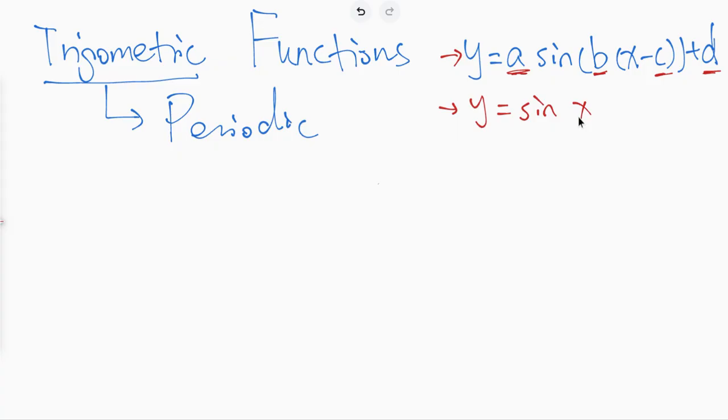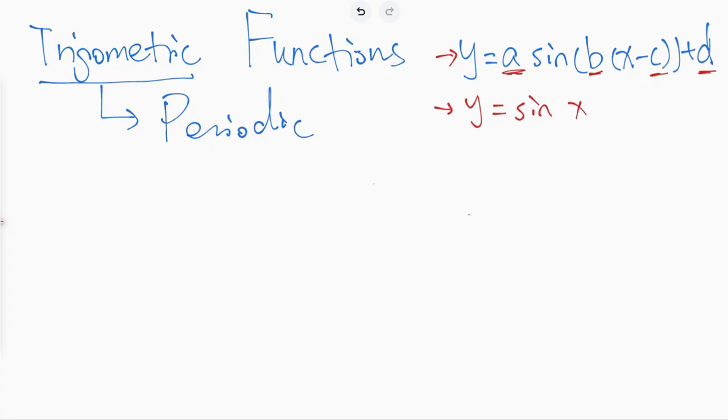So in this video we will explore what these parameters mean and what their functions are for this function right here.